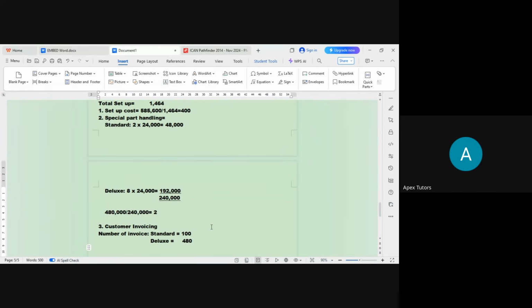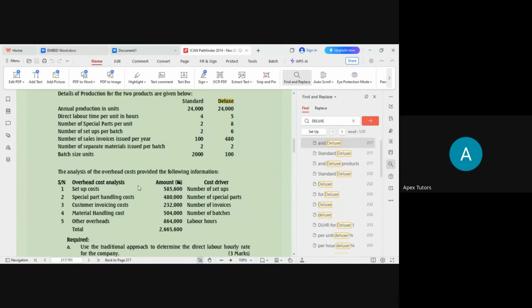Total is what? The total will be 580. So now, if the total is 580, how much are we spending on customer invoicing? It's 232,000.